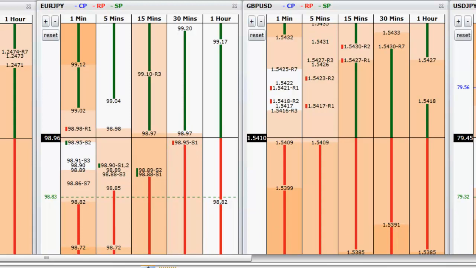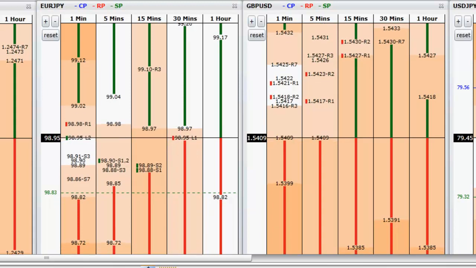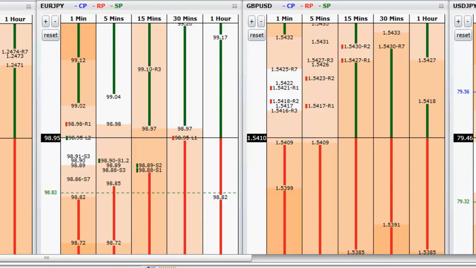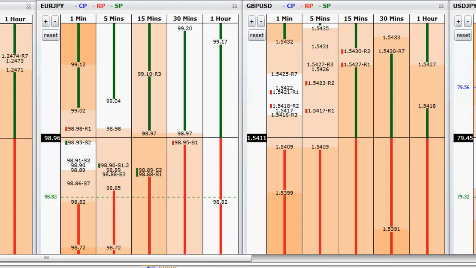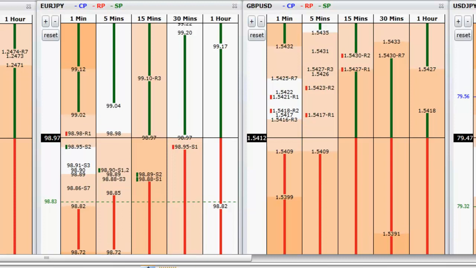Okay, euro yen, I'm going to take 7 points on half euro yen and put a stop. And we'll see if we can get euro yen for the rest of the session, plus 20 or so.